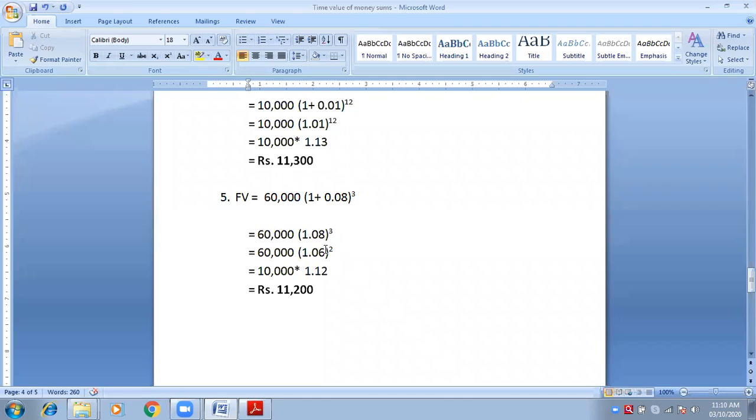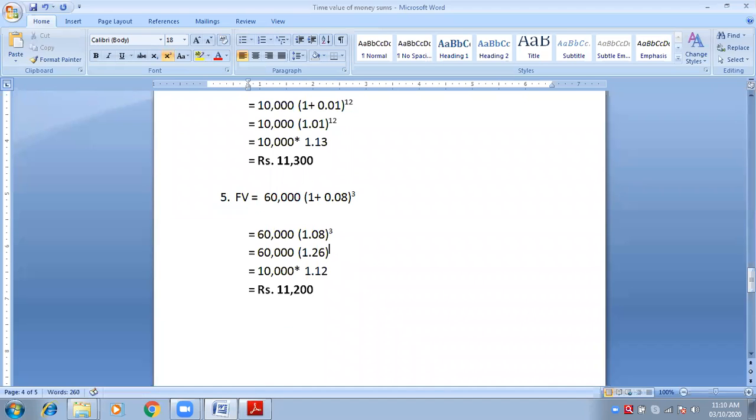Press equals to and say third year and stop there. Tell me the answer which appears on the screen of the calculator. What is the answer of 3 times of 1.08? 1.26, ma'am. Very good.